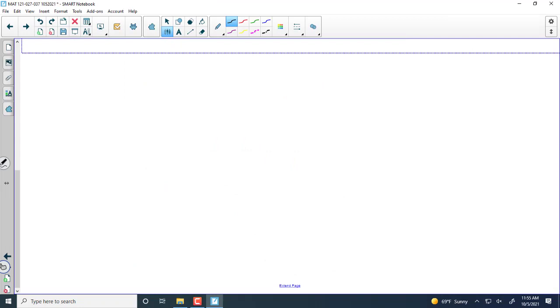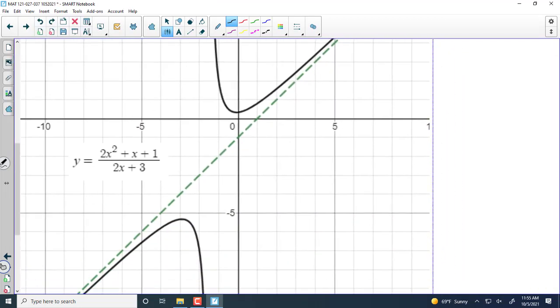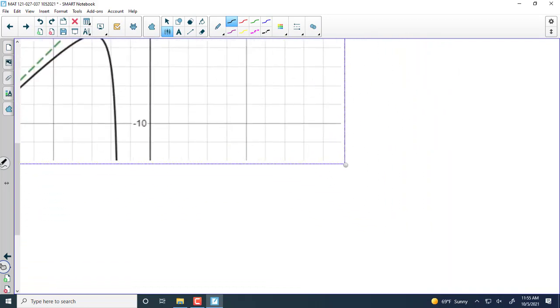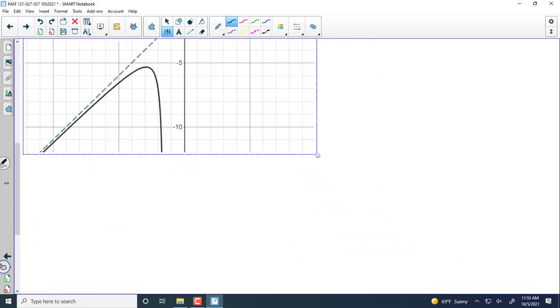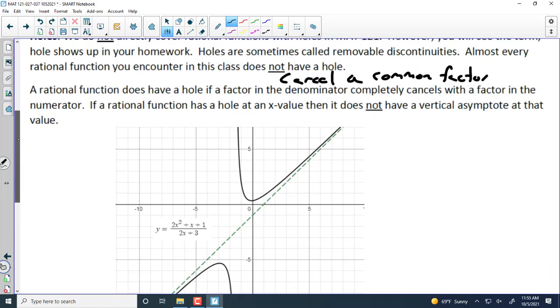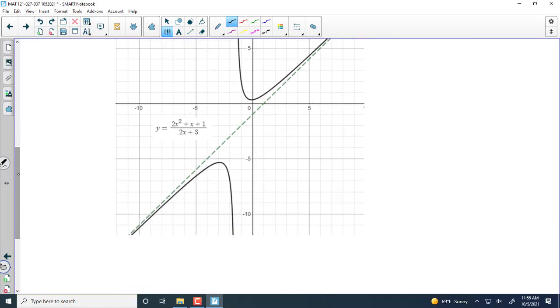Here's something we're not going to be drawing in this class, but what you see here, everyone, is a rational function that has a slant asymptote, a diagonal asymptote on it. How does it have one?